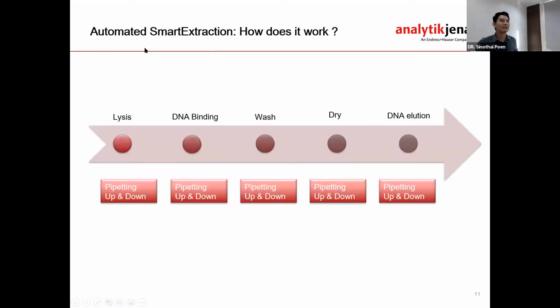So automated smart extraction completes all necessary extraction steps, including lysis, DNA binding, washing, drying, and elution. But from the robot side, only pipetting up and down in different reagents is needed. Therefore, the procedure of extraction is simpler compared to that of magnetic bead-based extraction technology.